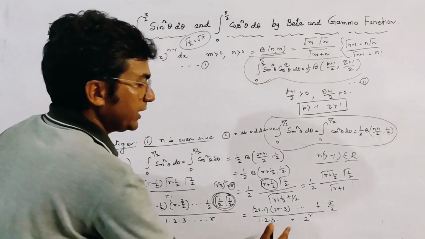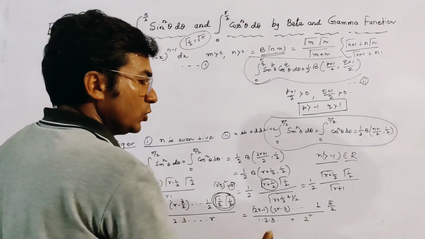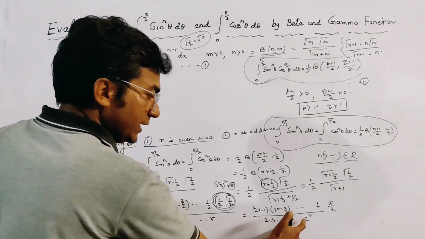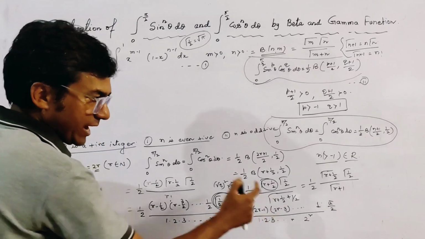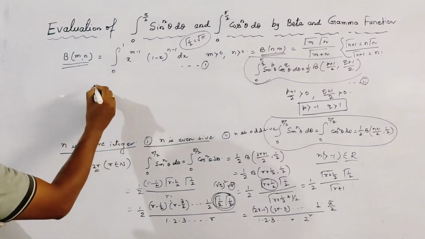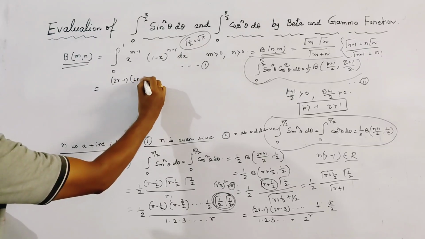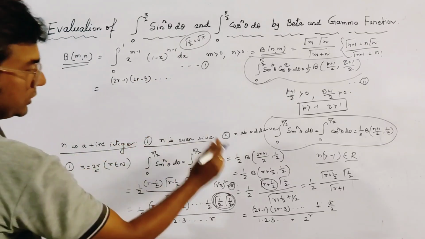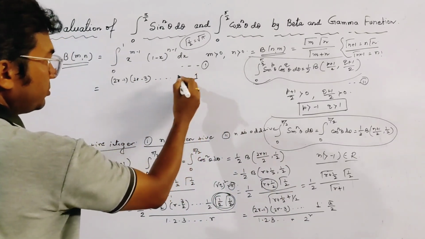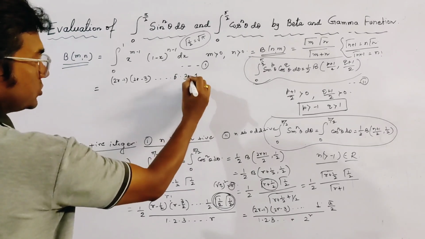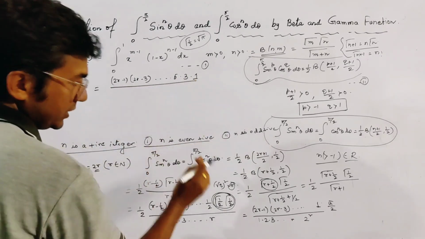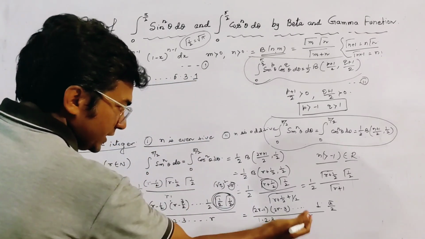Now we multiply 2 to the power r, one factor of 2 into each of these r terms, and get the result as (2r minus 1), (2r minus 3), and the last term is 1, so the previous term is 5 into 3 into 1, and we write this result in reverse order.